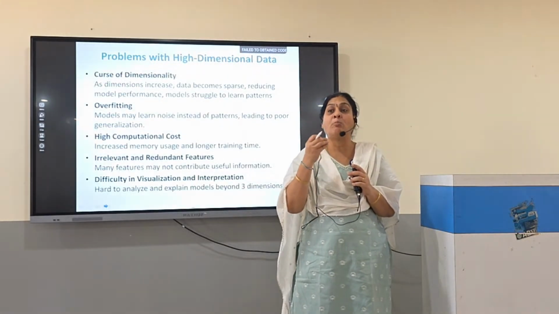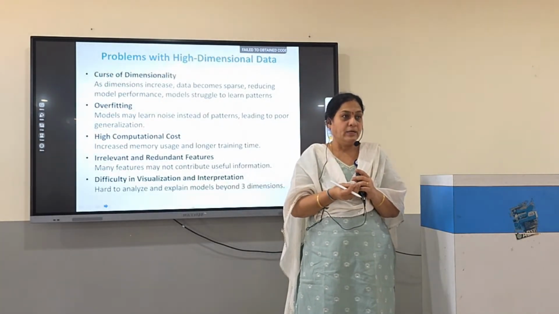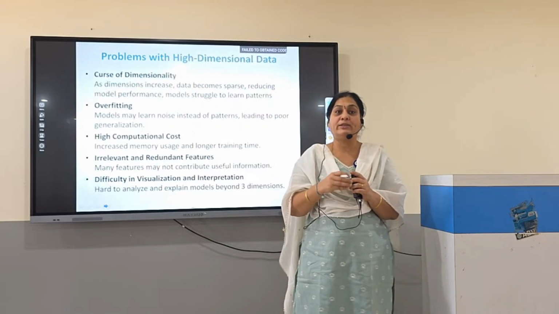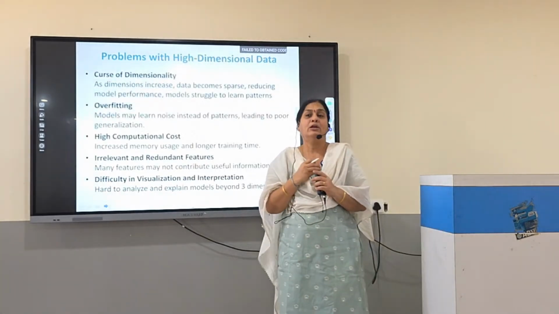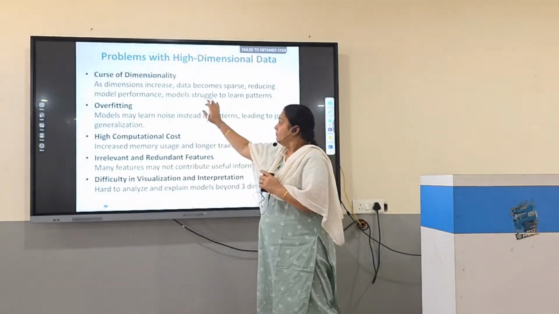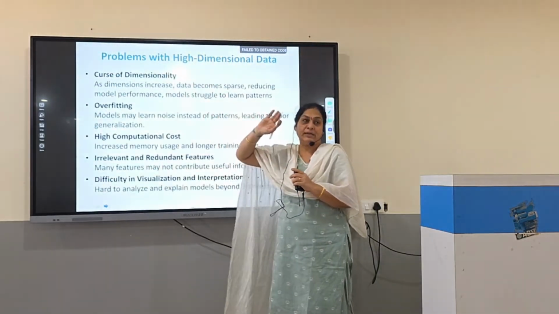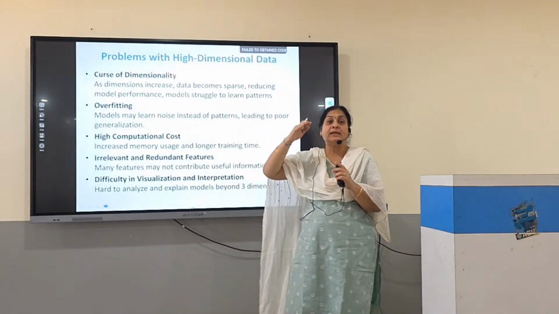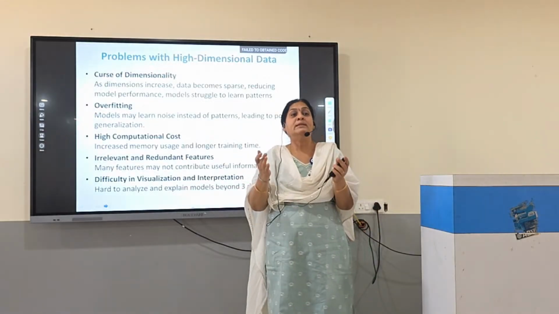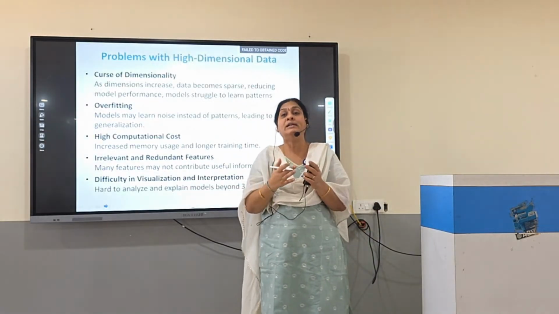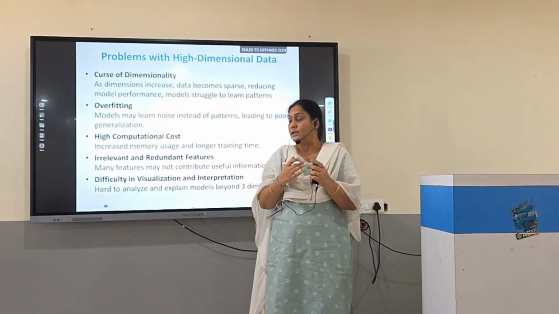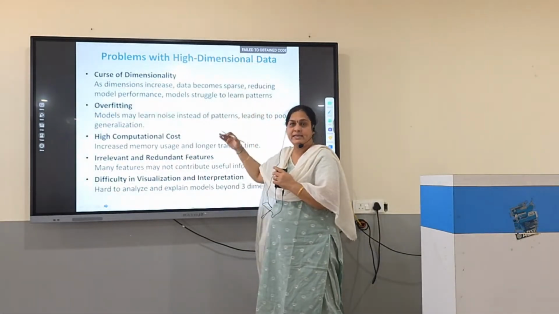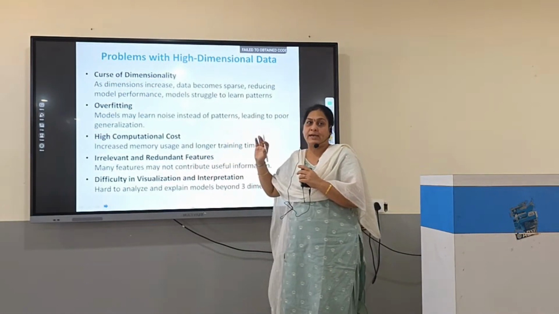The model that you are trying to build will not give correct predictions, and the accuracy will be very, very low. So this is called the curse of dimensionality, because the dimensions are more, the machine learning model is not able to learn properly. So how do we handle these problems of high dimensional data?